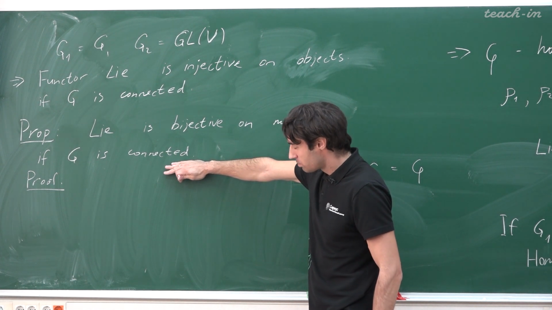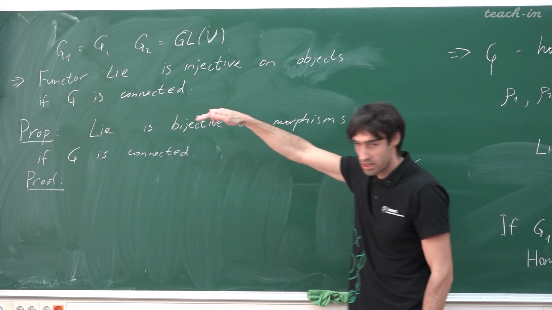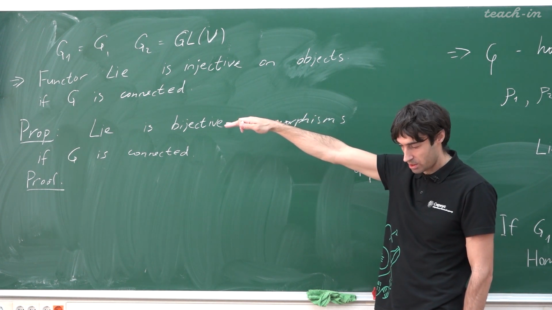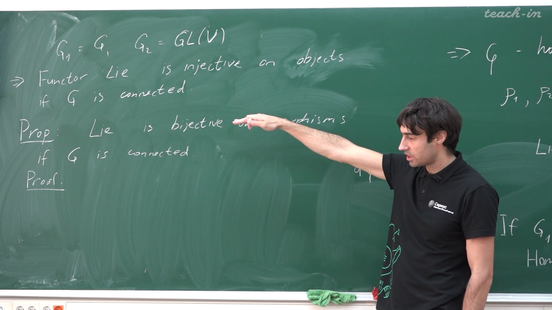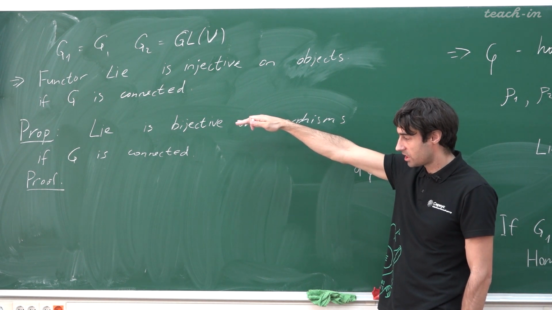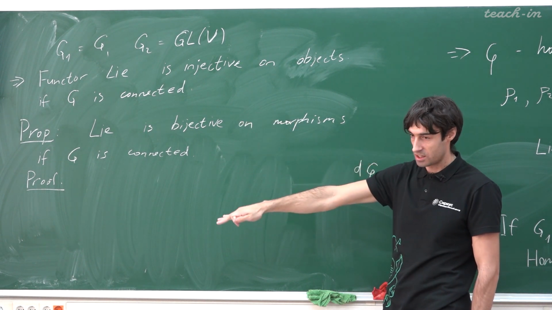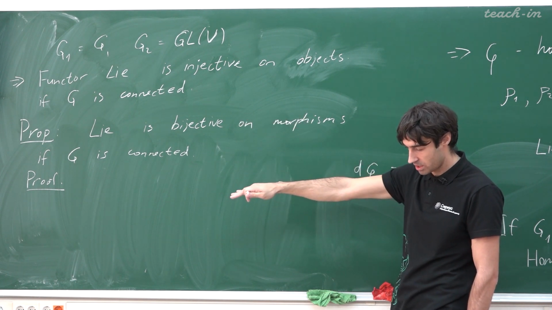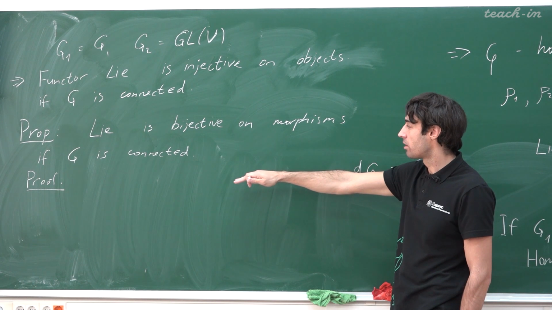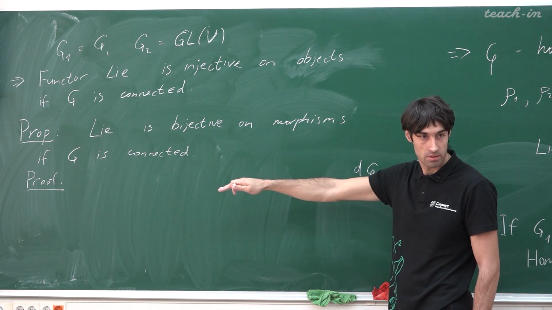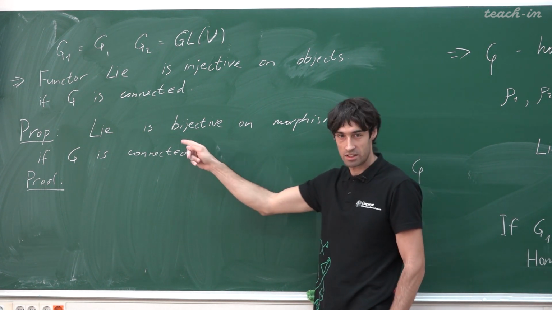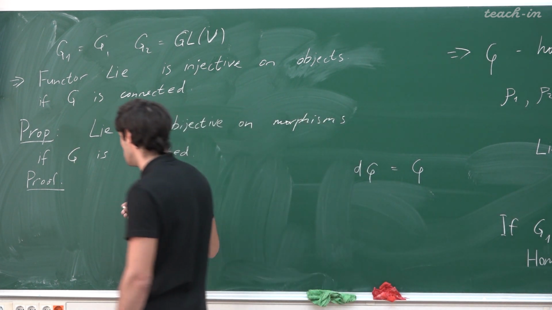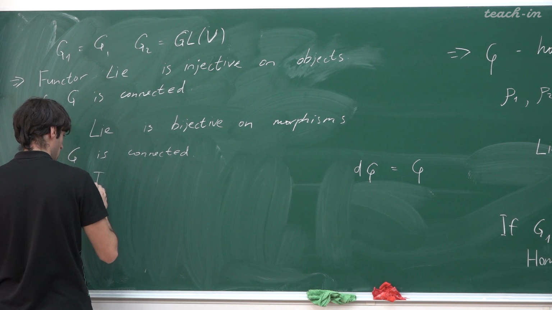It means what? That I have phi, which is a morphism of representations of the group, and I say that the same exact phi is a morphism of representations of algebras, right? So injectivity is obvious.